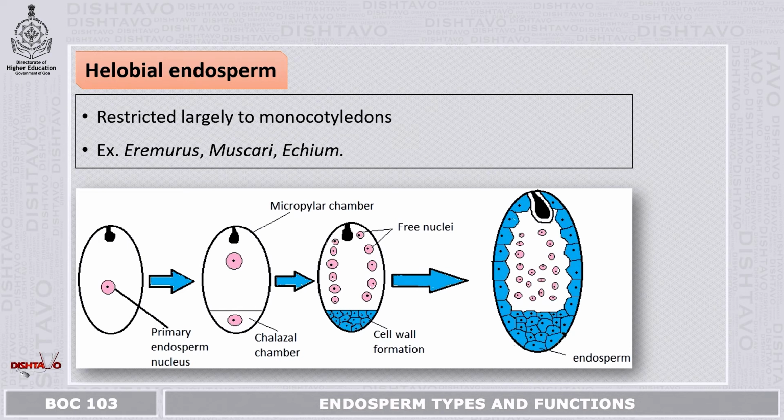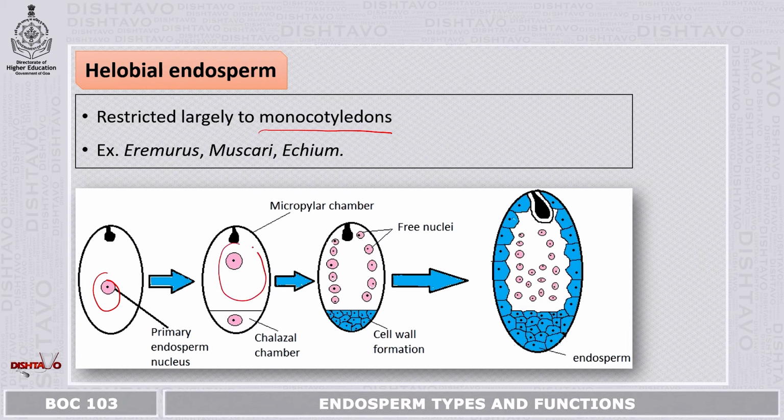Now the third one is the helobial endosperm. Now it is restricted to monocots only. Examples we can see are Asphodelus, Eremurus. Now here in helobial endosperm, what happens is that the primary endosperm nucleus moves to the chalazal end, where it undergoes division and forms a larger micropylar chamber.